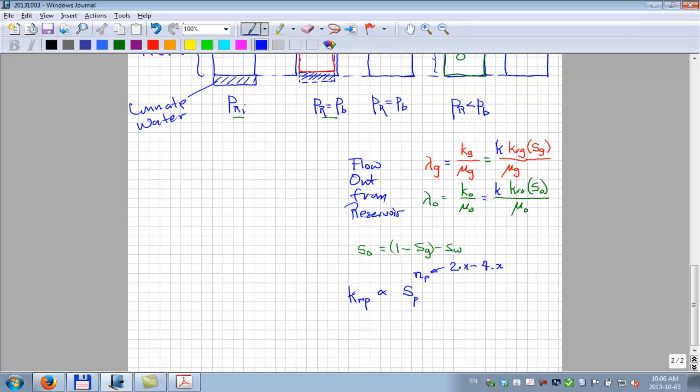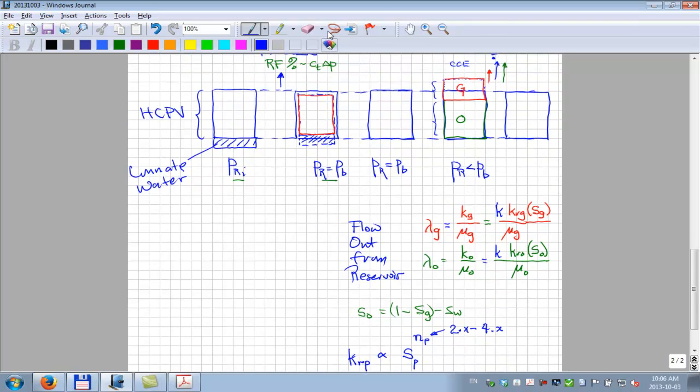The gas mobility goes from 0 to some magnitude, 10% of the absolute permeability. So what happens is that as the gas comes out of solution, this thing is shooting up and this thing is going down. Okay?